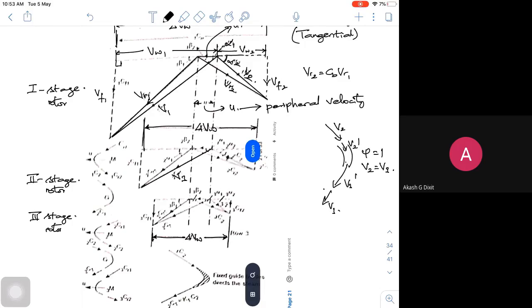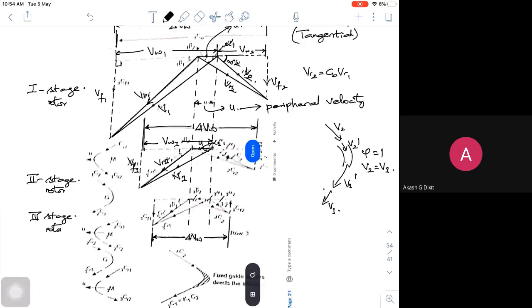This may be your alpha 3. Now my U remains the same. See, this U remains the same. It's rotated in this direction, and this will be my VR3. This will be my VF3. This will be my VW3. So try to follow the same conventions. Then what is the exit for that?